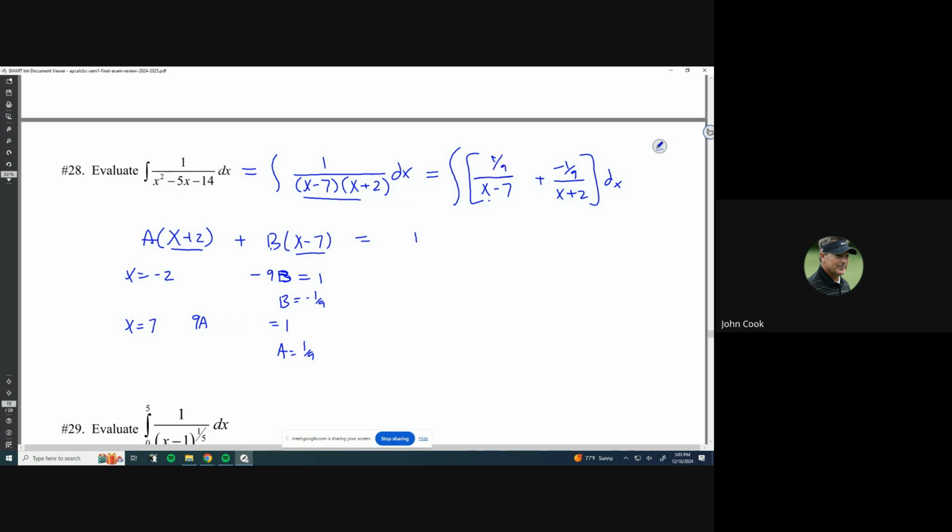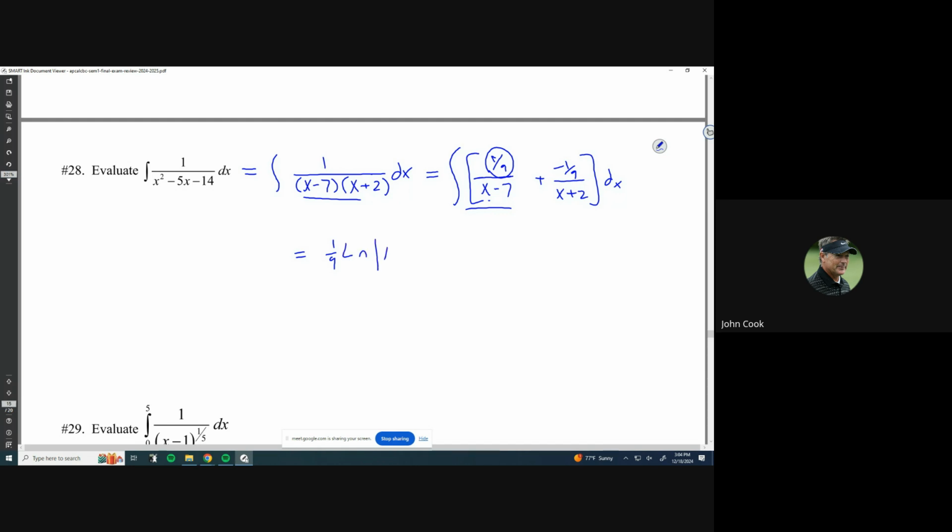And then the rest of it is just simple u-substitutions, so go ahead and do that. All right, so this is going to be equal to this antiderivative. I'm going to use that 1/9 out front. And then 1 over x minus 7 turns into the natural log of the absolute value of x minus 7, times 1 over the derivative of the inside function if it's a linear function.